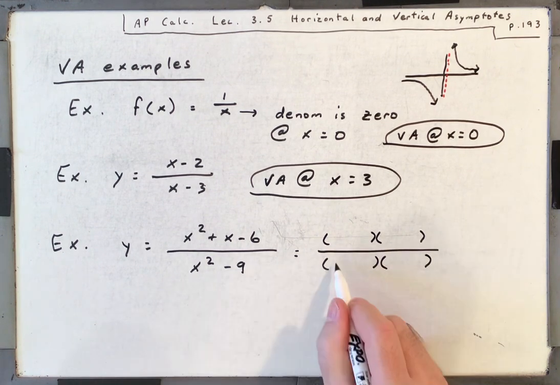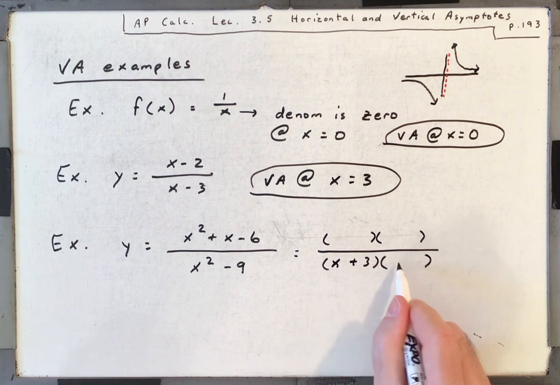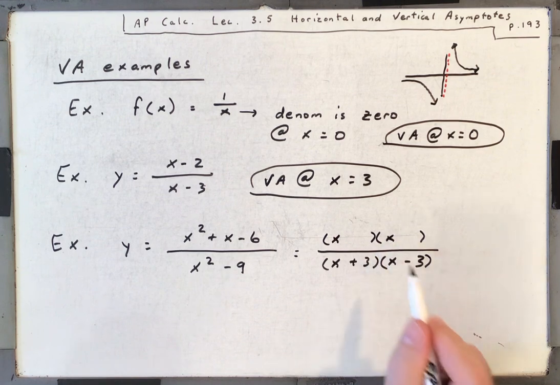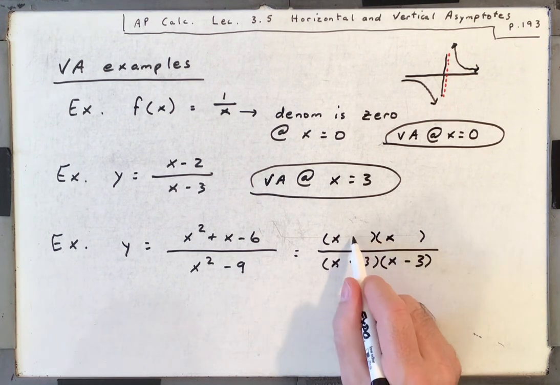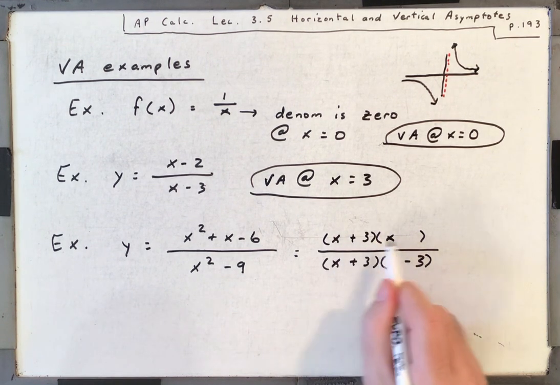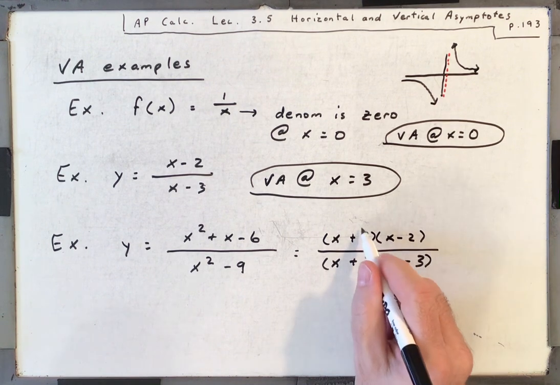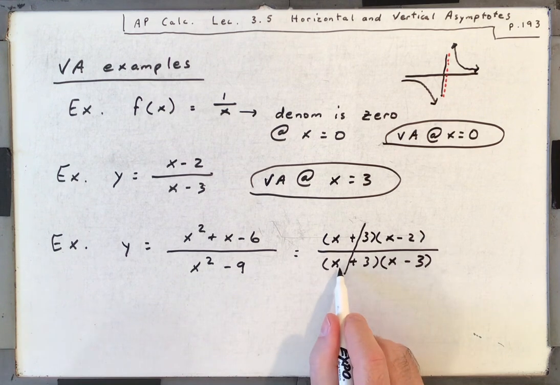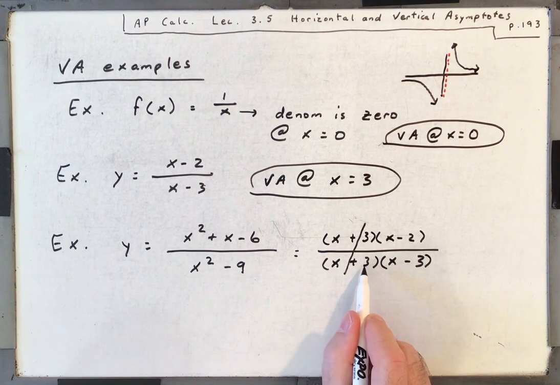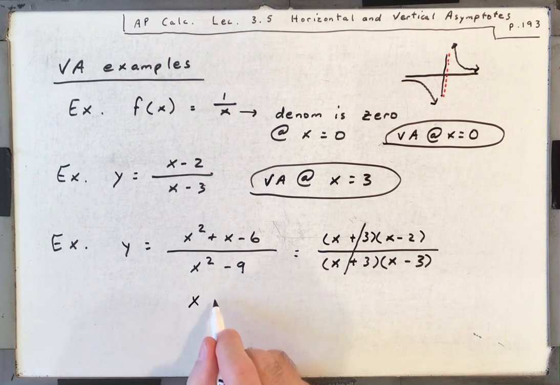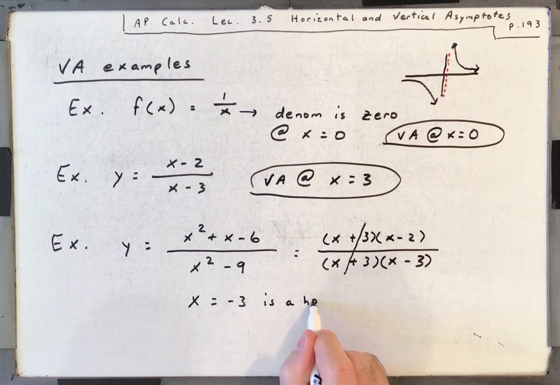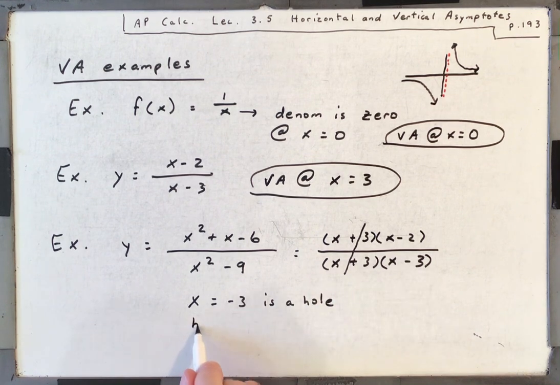We know that's the difference of two perfect squares, so it factors into x plus 3 times x minus 3. Here we have x plus 3 times x minus 2, which would work. And then those cancel. So what makes this parenthesis 0, x equals negative 3, is a hole because it canceled out.